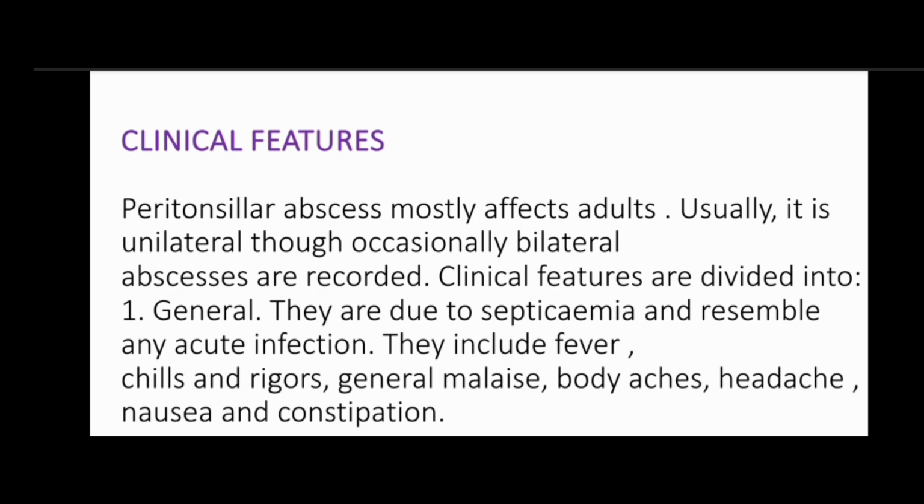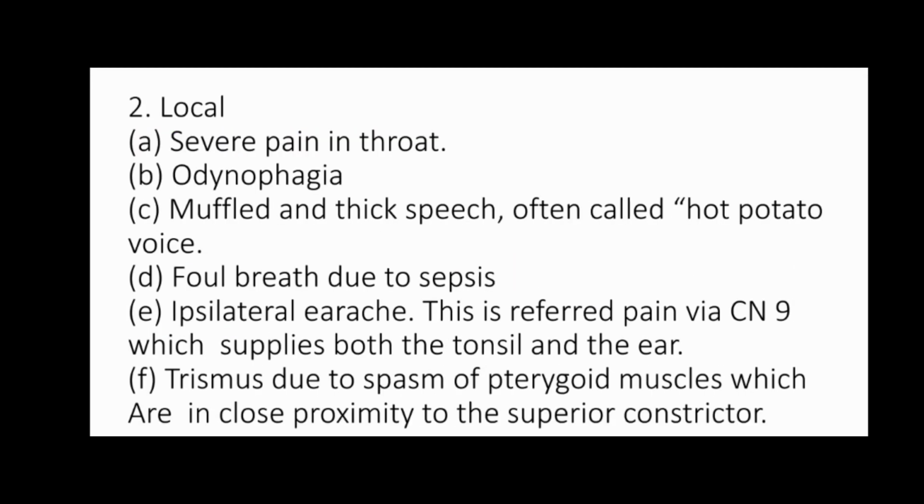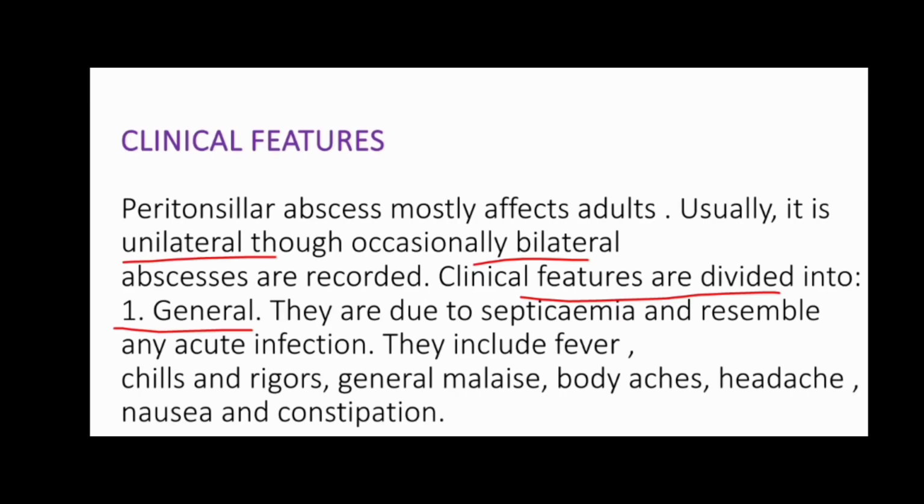Coming to the clinical features, how does the patient present with complaints? In peritonsillar abscess, it mostly affects adults. Usually it is unilateral, occasionally bilateral. Clinical features are divided into two: one is general, the other is local. First, what is general?